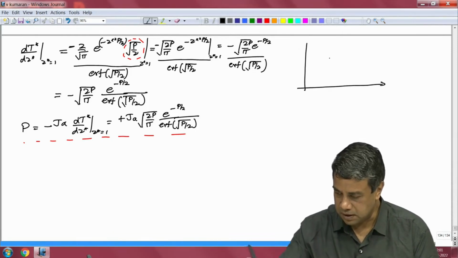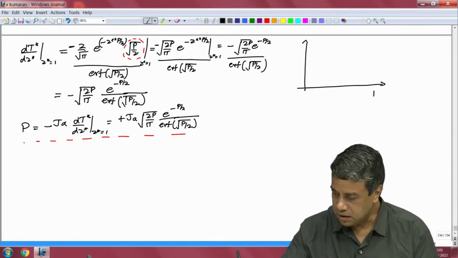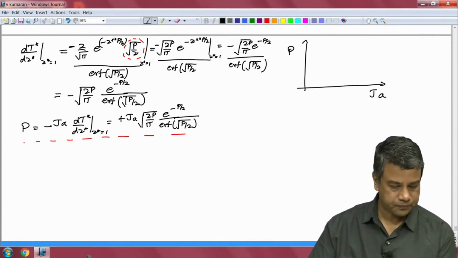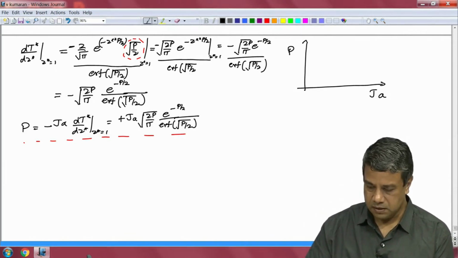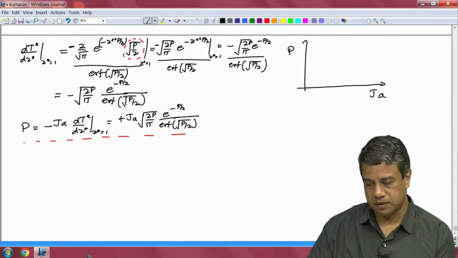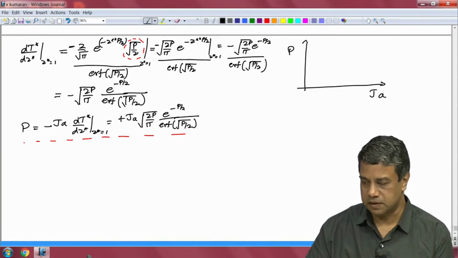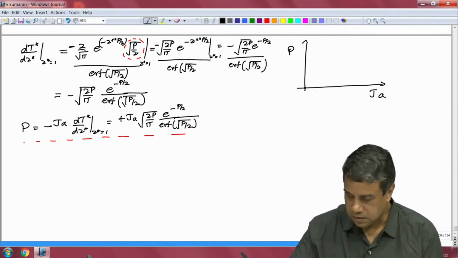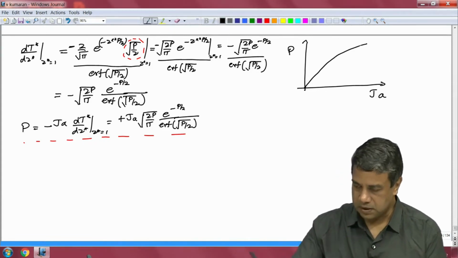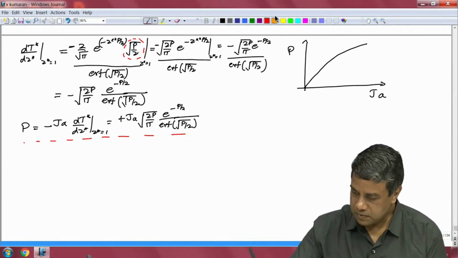So, I can express the solution in the space Jakob number versus p. You can easily verify when Jakob number is 0, p is equal to 0. And it increases for small values.